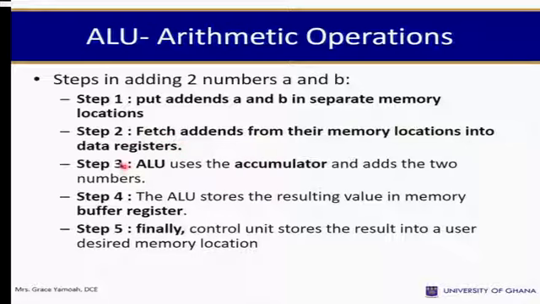Step 3, the ALU uses the accumulator and adds the two numbers. Step 4, the ALU stores the resulting value in memory buffer registers. Step 5, finally, the control unit stores the result into a user desired memory location. That is, take it from the buffer register onto the main memory, which is the RAM.